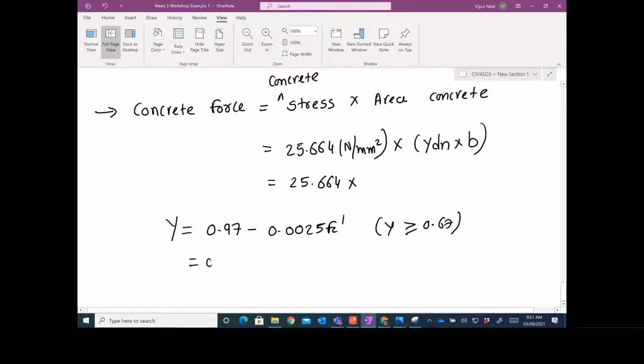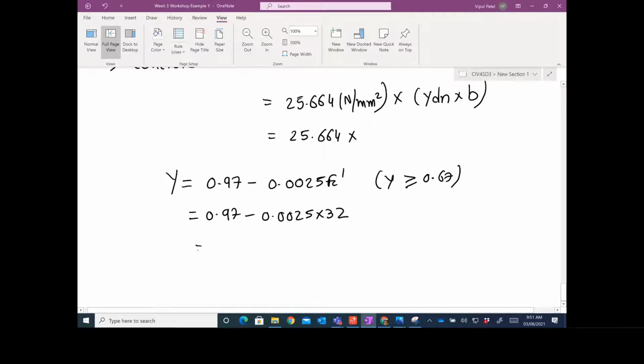Substituting, 0.97 minus 0.025 times 32, you get 0.89, which is greater than 0.67, so therefore it's okay. So we have 0.89, we have dn. The b value was 400 millimeters, right? It's given in our example, the width of your beam.